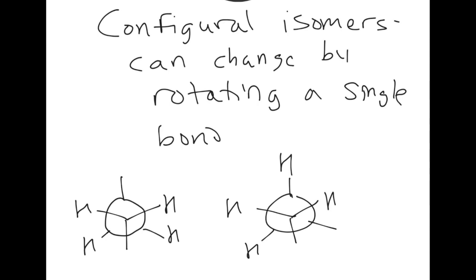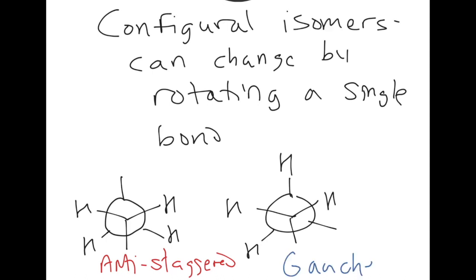If I were to ask you to name the actual molecule, these are both butane, right? One is in the anti-staggered conformation, and one is gauche. It's the same molecule, but how the atoms in that molecule are arranged relative to each other in space changes.